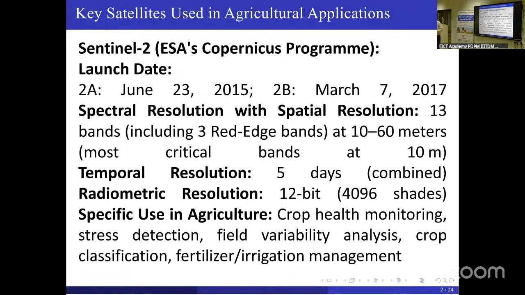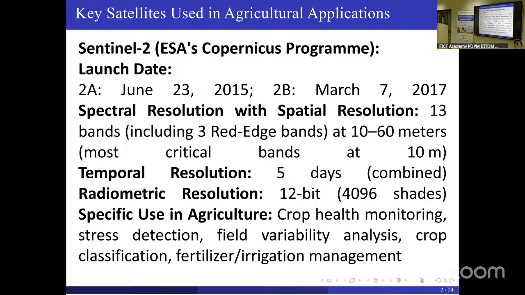There is one satellite, the Sentinel-2 program. This is an ESA program. How many of you know about Sentinel-2 data? One. Okay. Sentinel-2 is a satellite mission launched as two satellites in parallel, 2A and 2B, both on different dates.